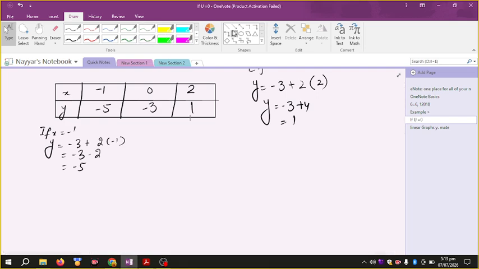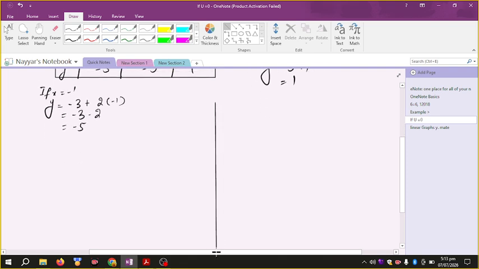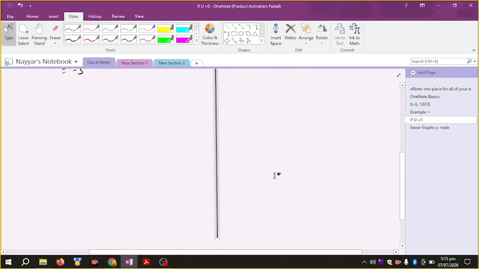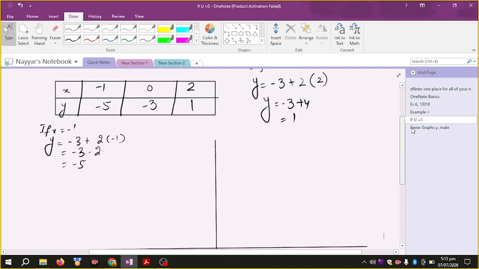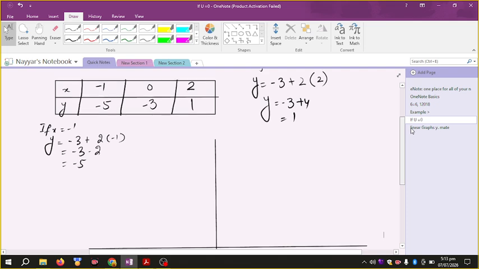So here we go. Let's draw it. I'm going to draw the graph here. You can check the values. My maximum value in x is 2 and my maximum value in y is 1, from minus 5 to 1.